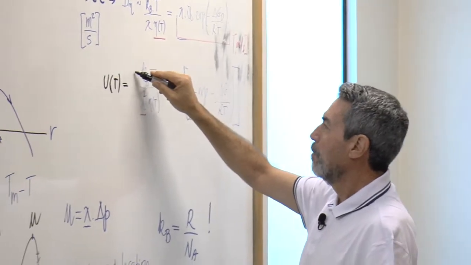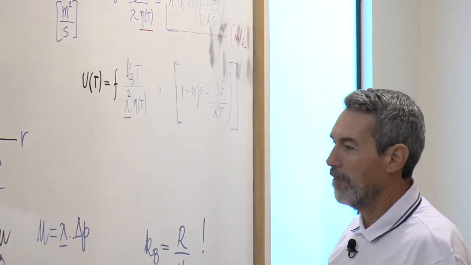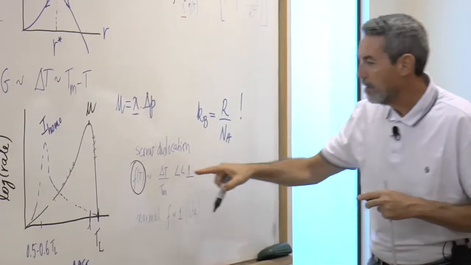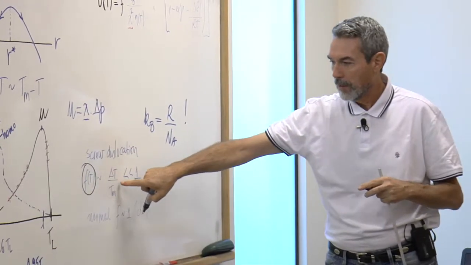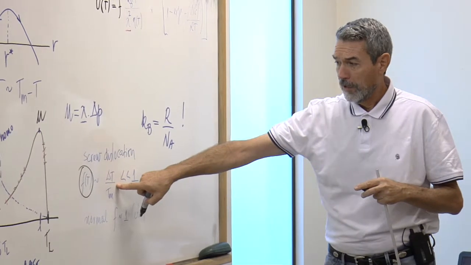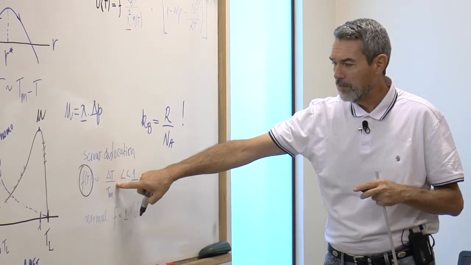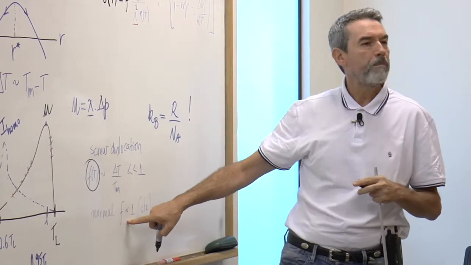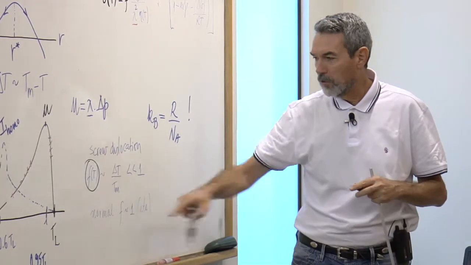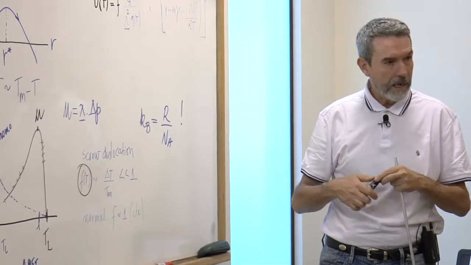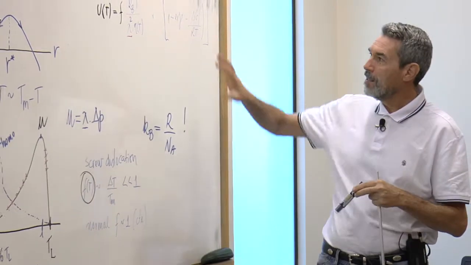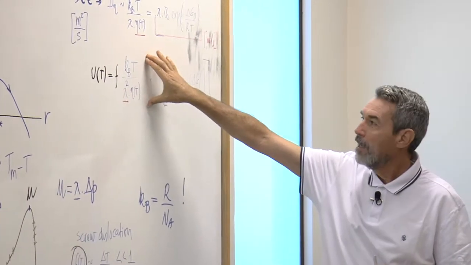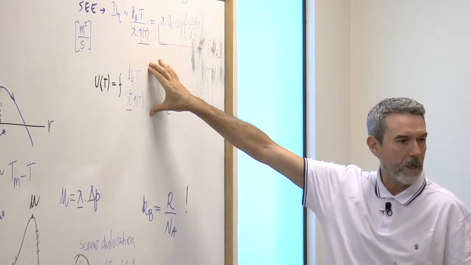And here we multiply by F, where F is given by this expression here for the screw dislocation mechanism, and is negligible, around 1.8 or so, for the normal growth mechanism. So now we are in business. This is the equation that you are going to use for your homework.